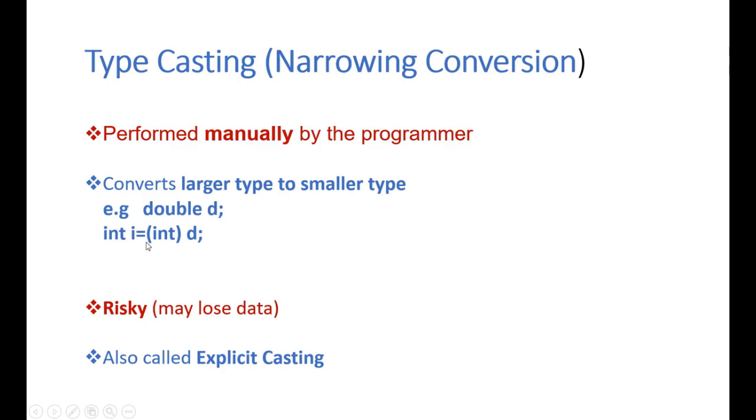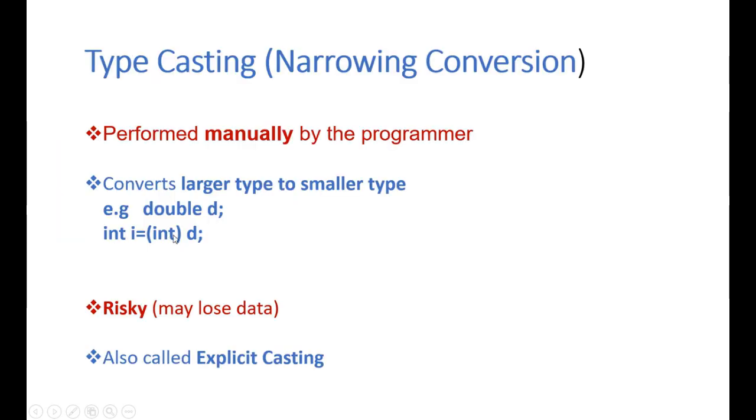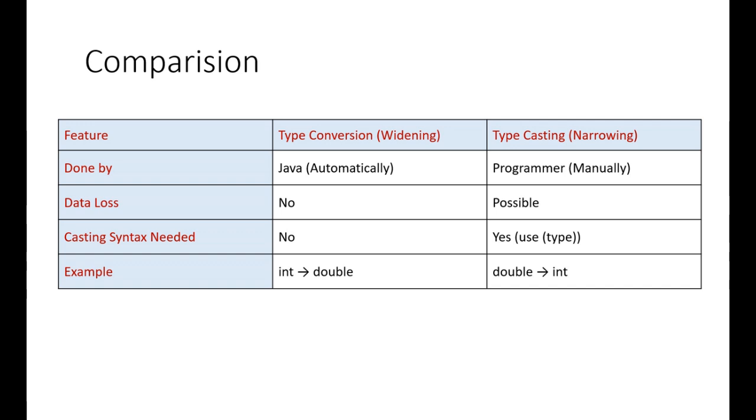You can see I have written in brackets the type in which I have to cast. So this is known as typecasting, and then I am able to perform this task, and this is known as explicit casting.